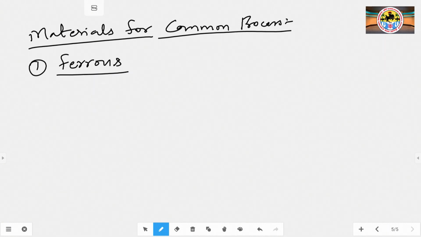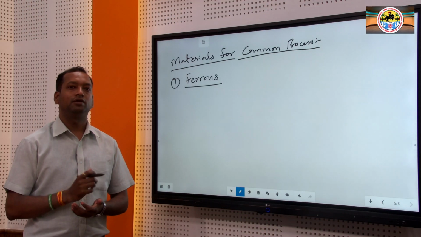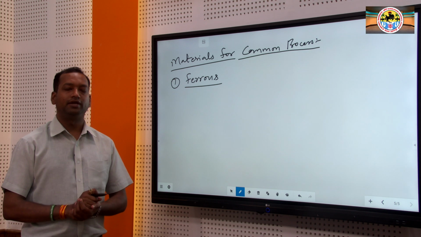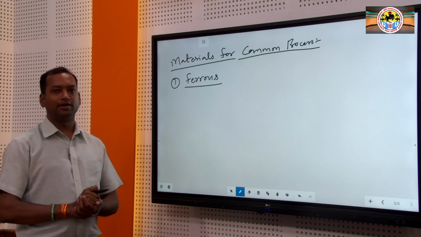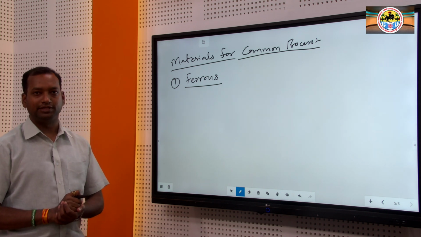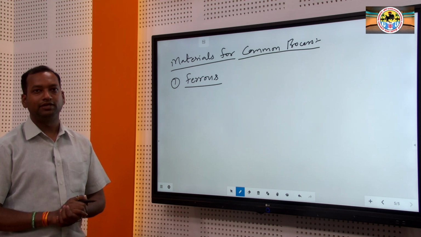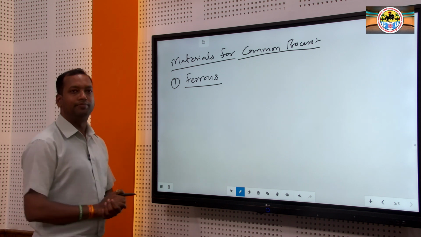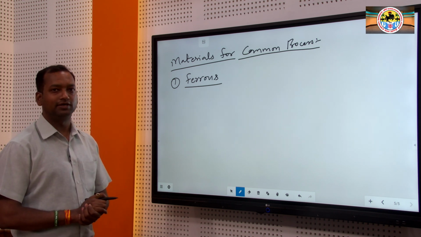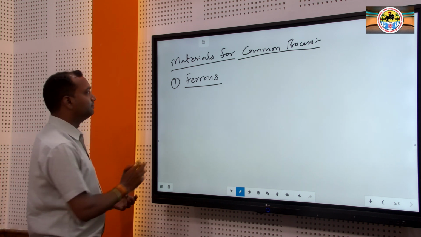Ferrous metals are those materials composed of iron as the main constituent. Iron content means the steels we have, stainless steel, tool and die steel, various types of steel which are mainly composed of iron as the prime member.